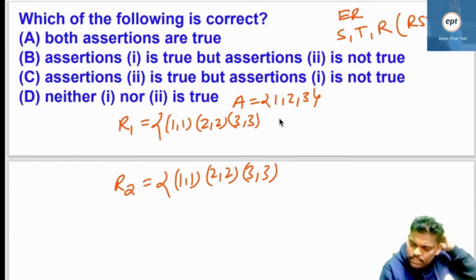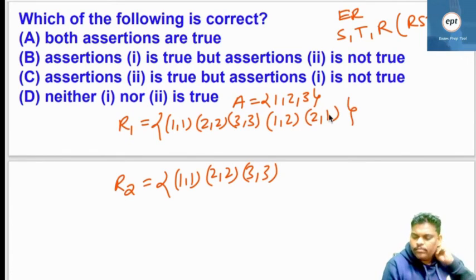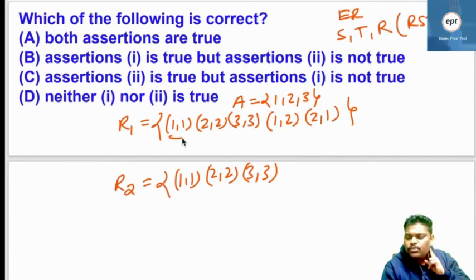Now see everyone. 1, 2, reverse is 2, 1. So if you observe clearly this one, reflexive is already there. Symmetric also there, because 1, 1 reverse is 1, 1. 2, 2 reverse is 2, 2. 1, 2 reverse 2, 1. 2, 1 reverse is 1, 2.